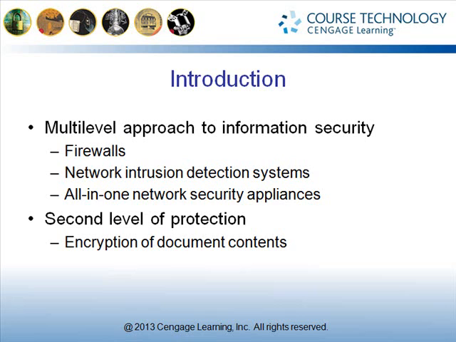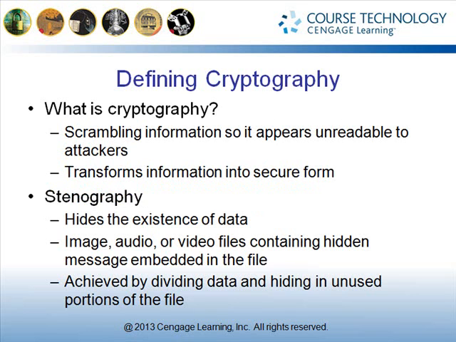This can be accomplished through the encryption of the contents of those documents, so that if an attacker were able to get through my firewall, my all-in-one network security appliance, and get to the data, then the attacker would be faced with yet another level that he or she would have to circumvent, which is the encryption of that data. And breaking encryption of that data can be a very difficult and time-consuming task, and many times is simply not possible. So what exactly is cryptography?